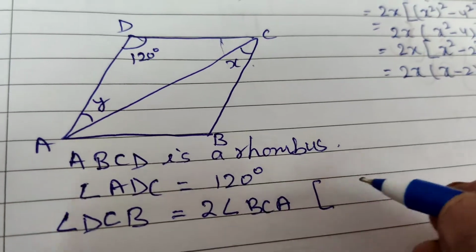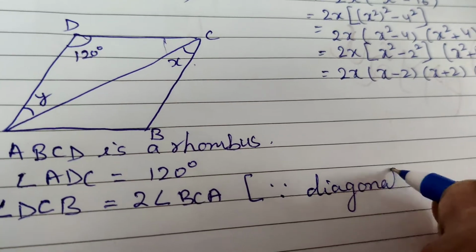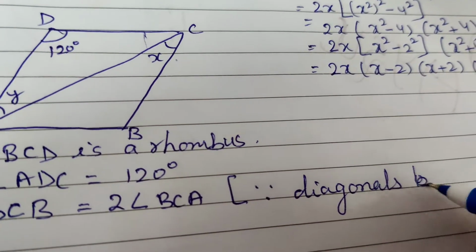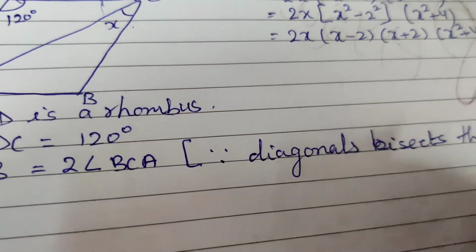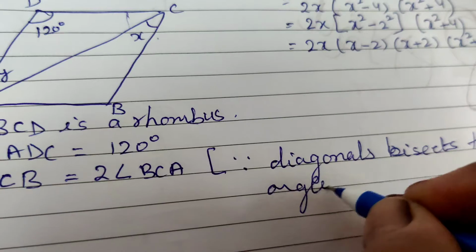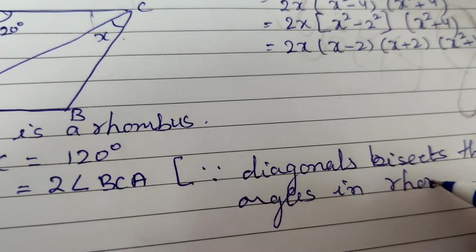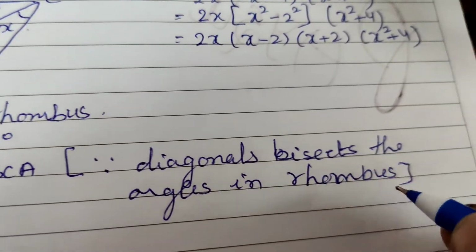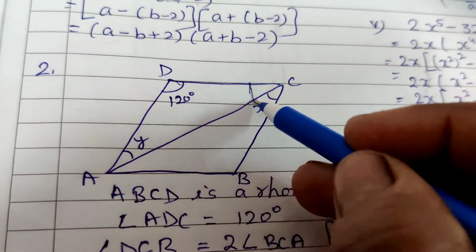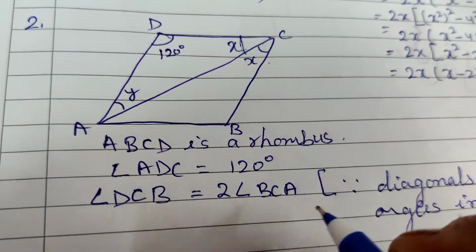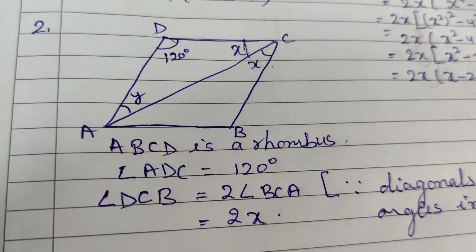The reason is this: the diagonals bisect the angles in a rhombus. It means this angle also equal to x. Both are equal, let 2x. It is equal to the 2x.